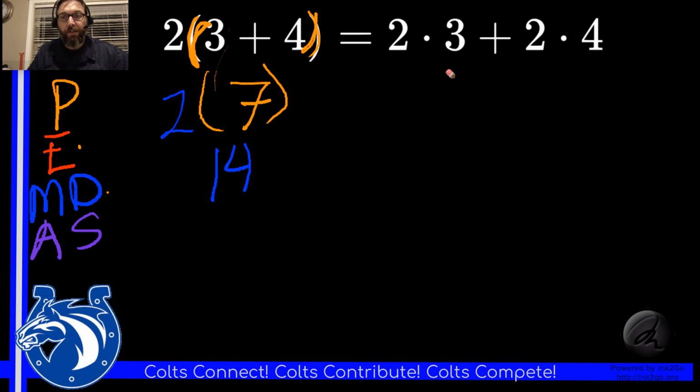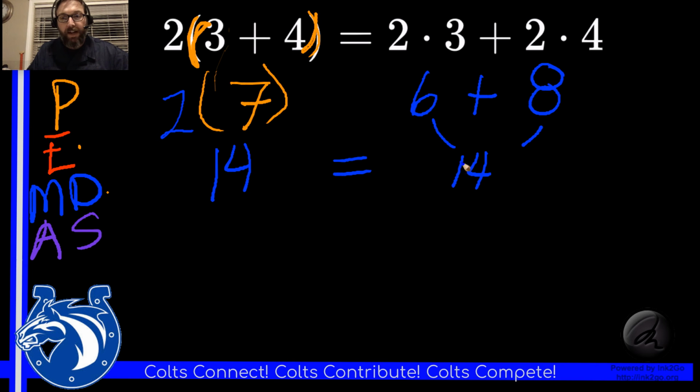Well, let's see if this holds true. We have no parentheses on this side at all, so we're going to go straight to our multiplication. 2 times 3 is 6. 2 times 4 is 8. So we still have our addition, and 6 plus 8 is 14.